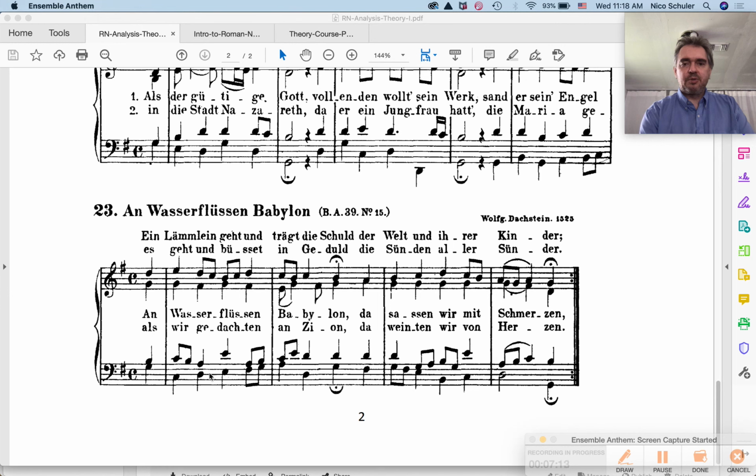So D, F sharp, A, C is the chord 7th, which then resolves down, and so on. So then it goes to an E chord, E, G, B, and the C does not fit into the harmony. Here we have another example of a passing tone.